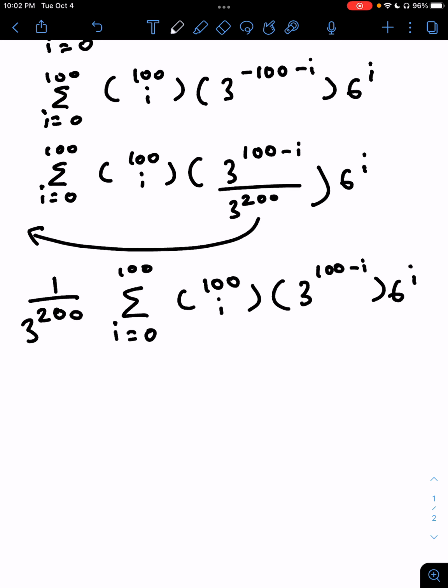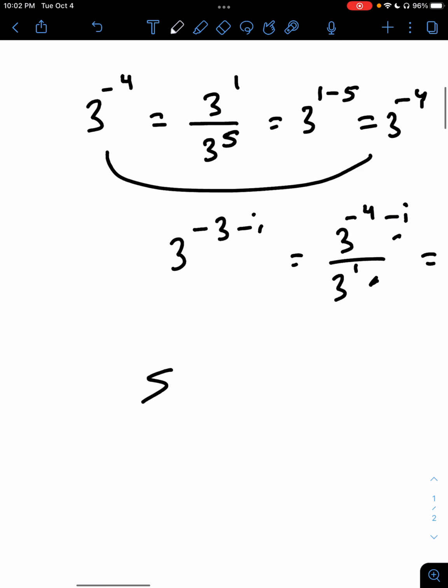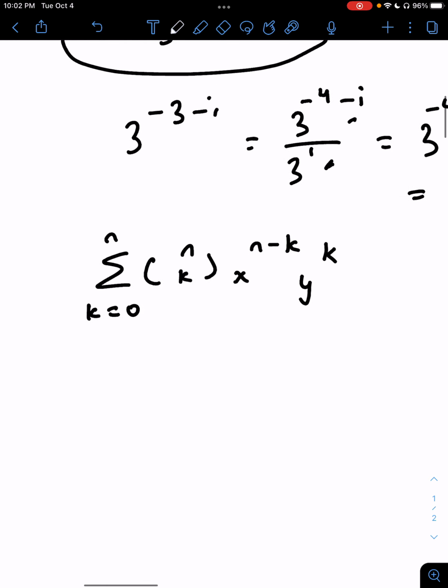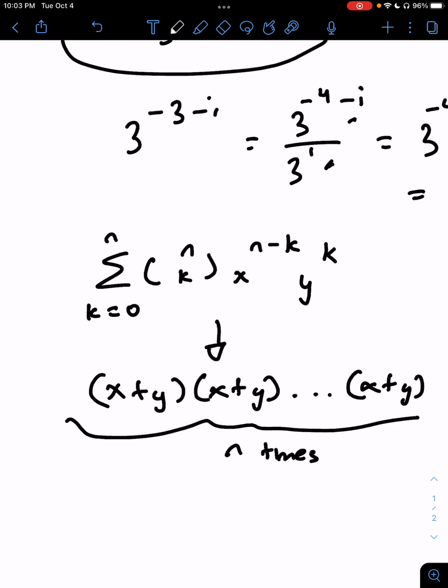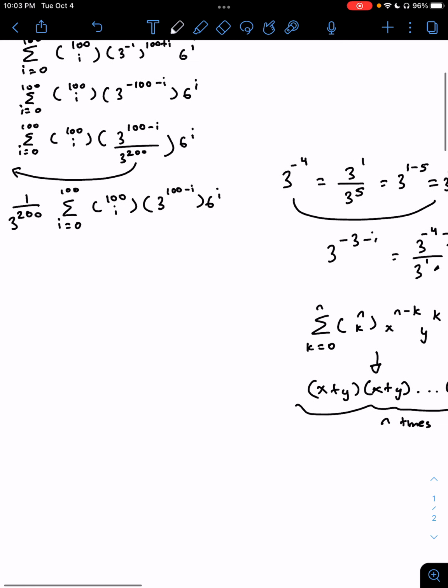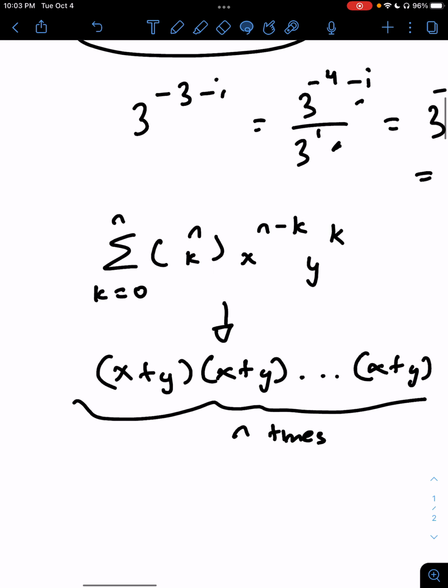So the formula is that if you have the form sum from k equals 0 to n of n choose k, x to the n minus k, y to the k, then this basically equals x plus y, all the way up to x plus y. You just do this n times. So the reason I bring this up is because this formula is the same as that one.